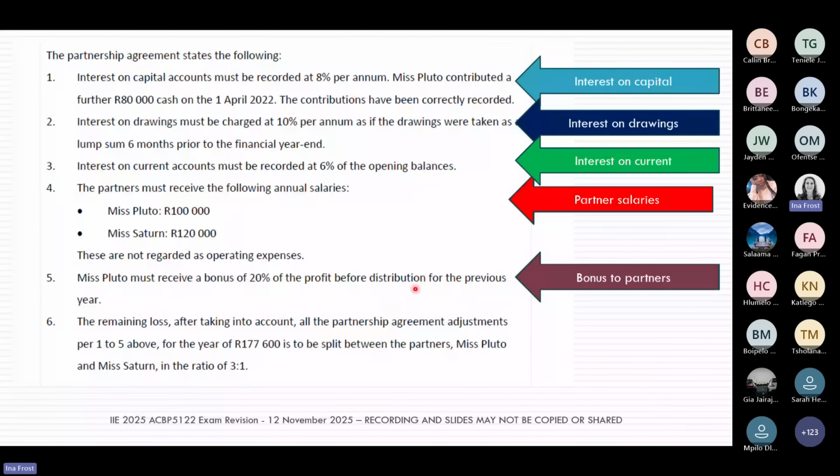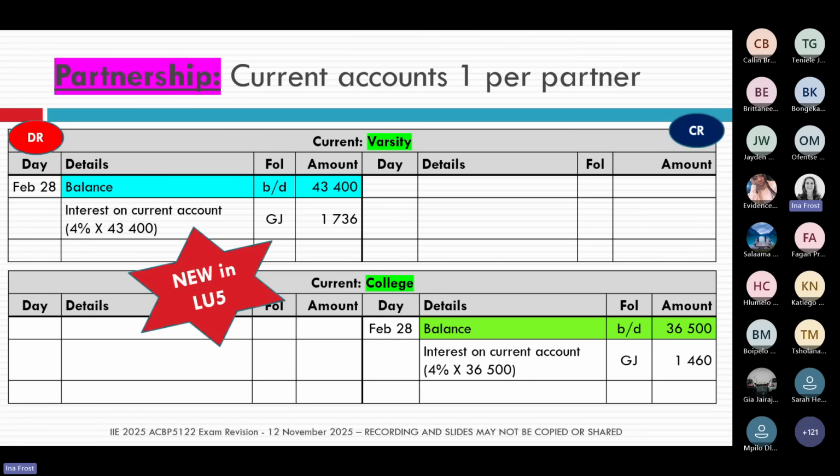There could be a bonus paid to the partners or partner that goes to the current account. And then lastly, the partner's share of the profits or losses goes into the current account. So all these things will be stipulated in the partnership agreement, and all of these are going to be recorded in this brand new current account. So let's look at how we will record each of these in the current account.